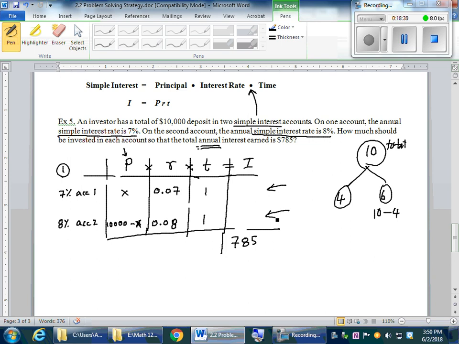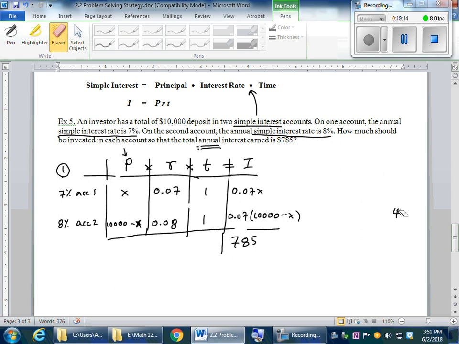That can easily be obtained by using the formula on the top: the interest rate times the principal times the time gives me the interest earned. And we know that these two interest earned amounts added up to be 785. So that will help us to get our equations.